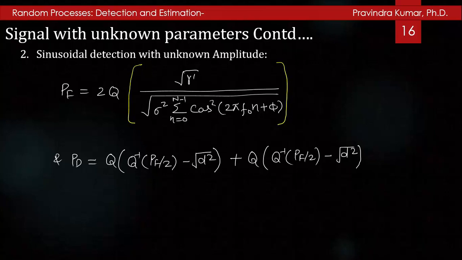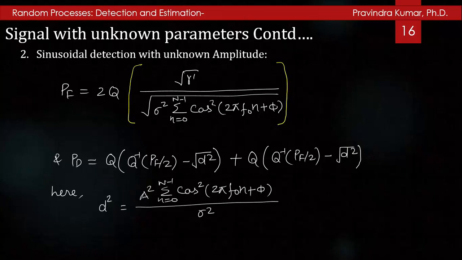D square is the deflection coefficient, and it is A square times the summation from n equals 0 to N minus 1 of cos square(2 pi f0 n plus phi) by sigma square, and it is epsilon by sigma square, or you can say it is N A square by 2 sigma square.